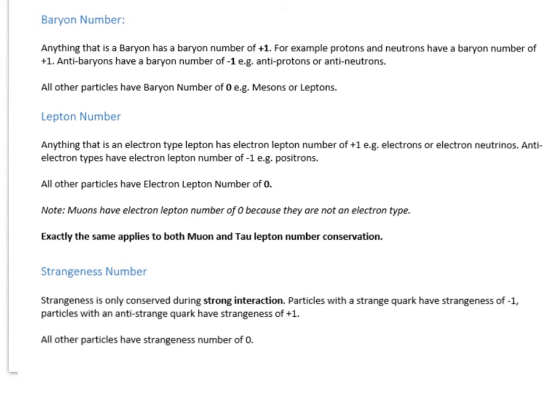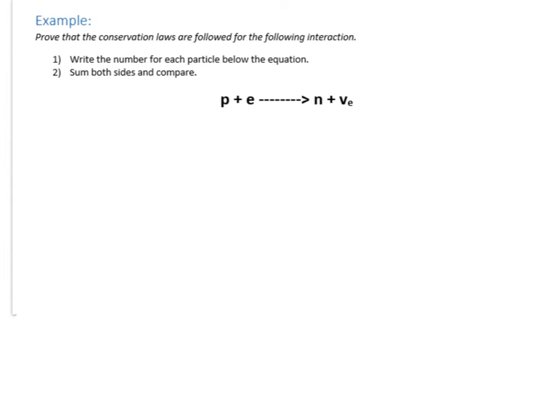So let's actually show some of the conservations and show the appropriate method for showing conservation. For instance, we have this equation here, which could be one of two things. It is either an electron capture or an electron-proton collision, but let's not worry about that for now. Let's demonstrate that some of the properties have been conserved, starting with charge.